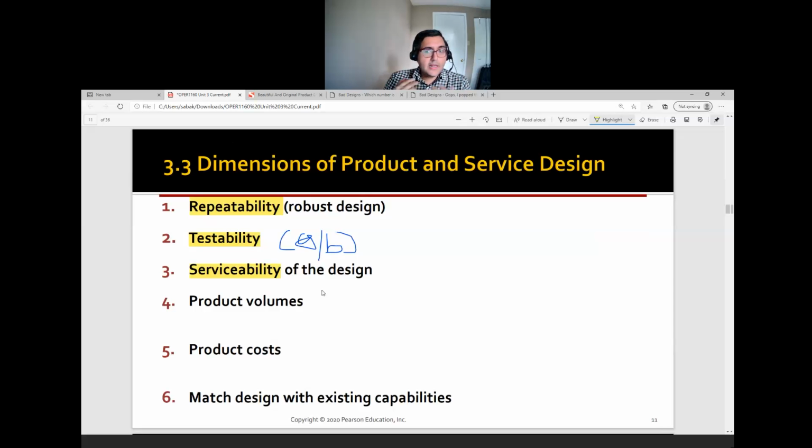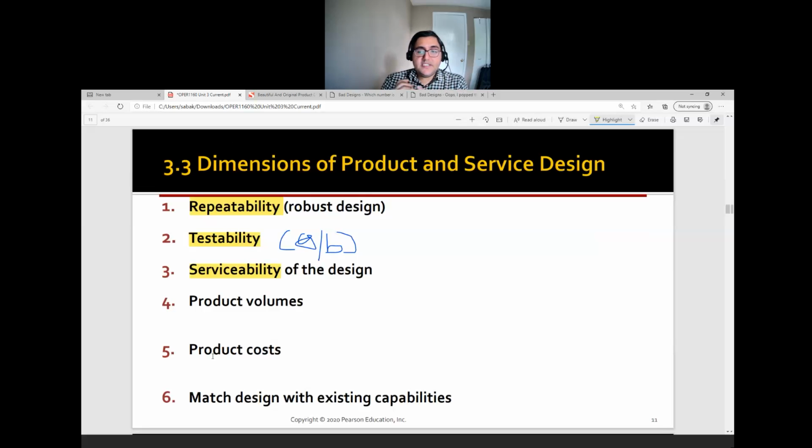So for Tim Hortons or any company, let's say a bulk manufacturer, I'm making chips, Lay's as an example. I should be able to make huge volumes of products. So product volume is very important in a new product and service design. Same is the case with product cost. Cost should not be so high.